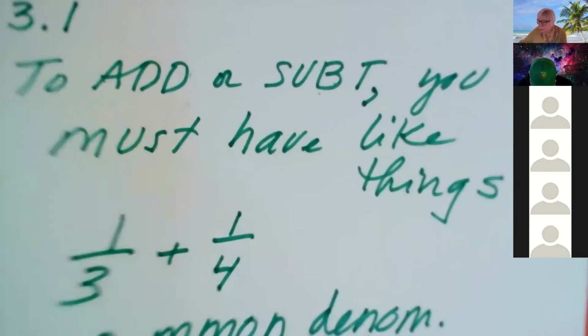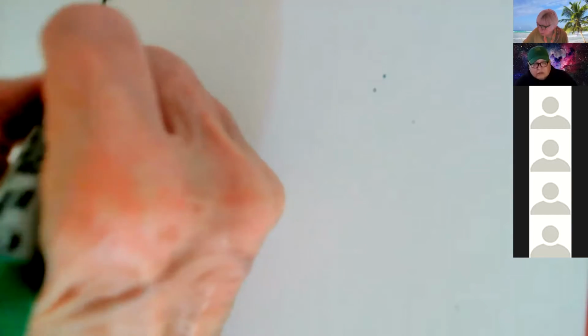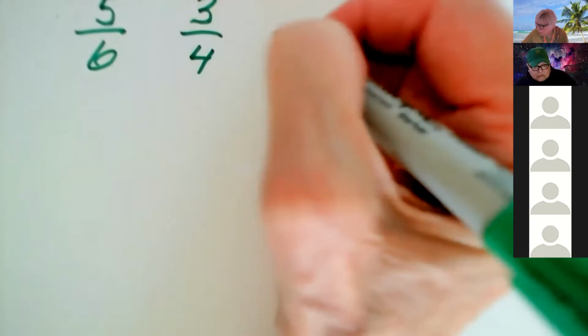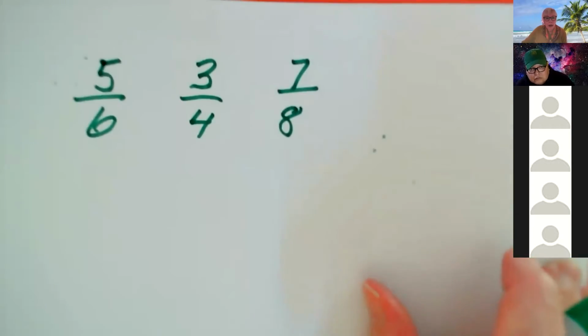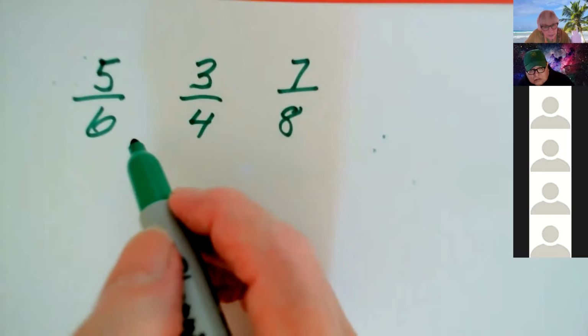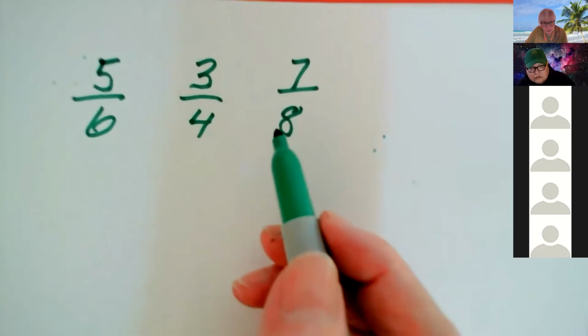And so we did a little bit of this when, I don't know if you remember, we did some problems like this, where they said, which one is the biggest and which one is the smallest? And you had to stack them.